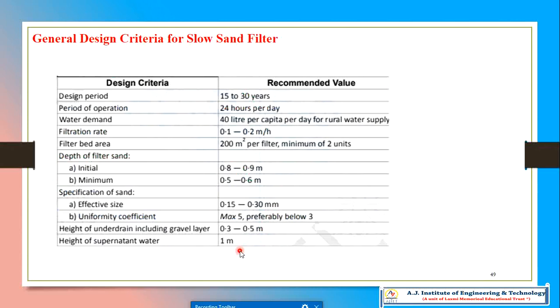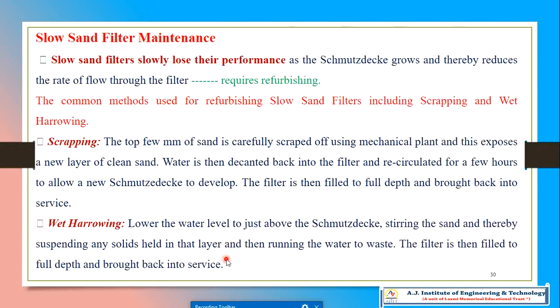Till here we completed in part 5. Now in the part 6 video we are continuing from slow sand filter maintenance.